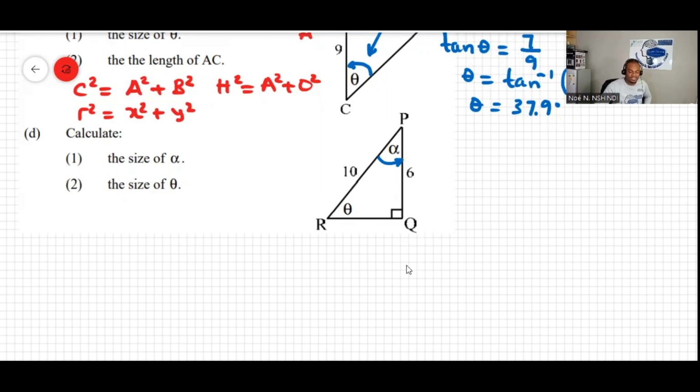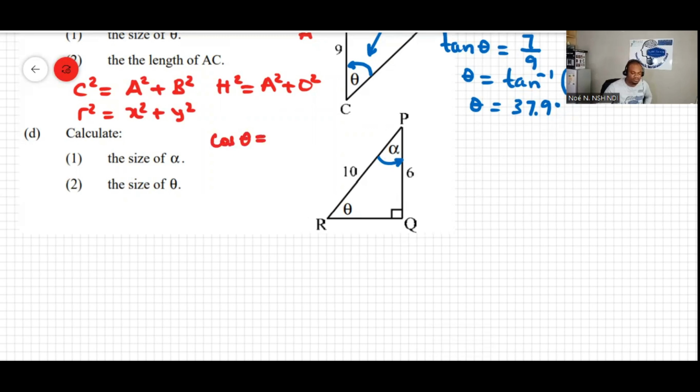This angle alpha is opposite to the side RQ, but RQ is unknown, so I can't really use the sine formula, because sine says sine of the angle equals opposite over hypotenuse. But alpha is adjacent to 6, so I can use the cos formula.